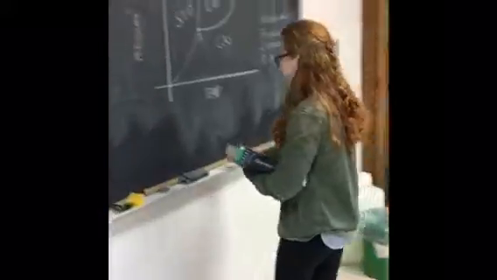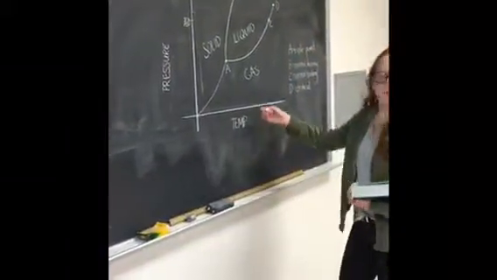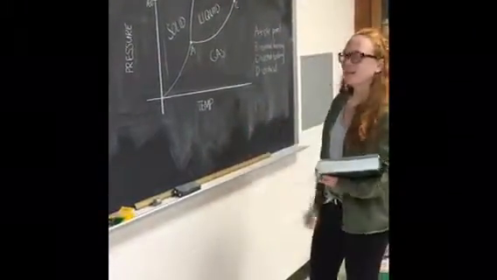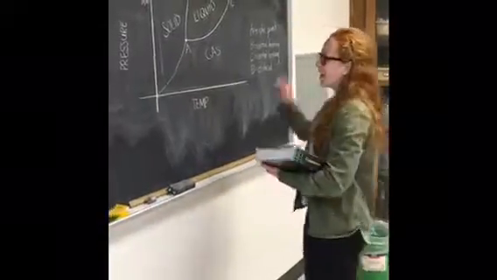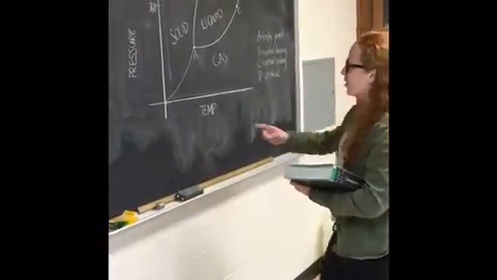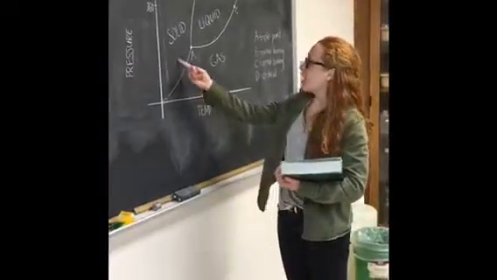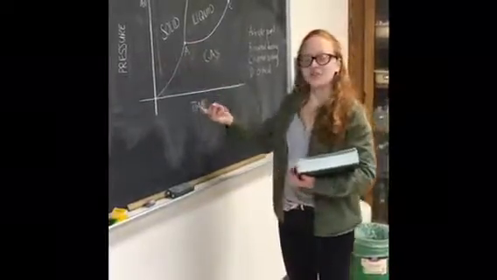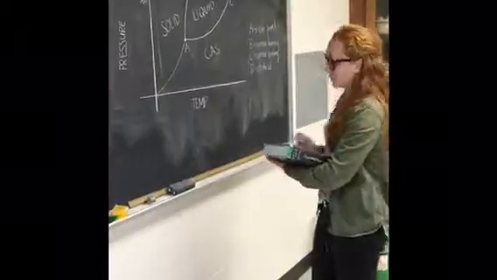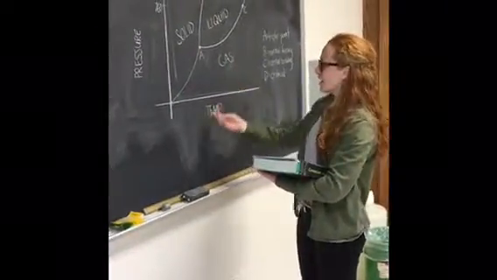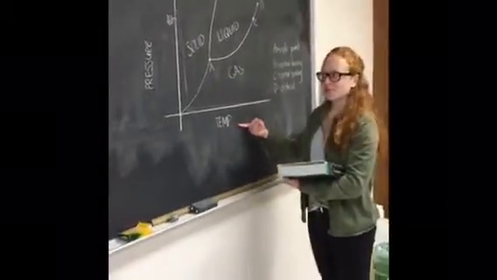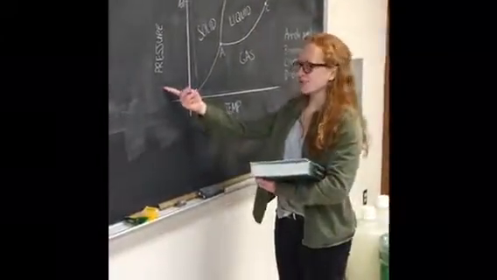Today we're going to talk about a phase diagram, and this is what it looks like. It's really magical in the life of a chemist, and it talks about how a gas or a solid or a liquid can change forms. Here you see that the x-axis is the temperature and the y-axis is pressure.